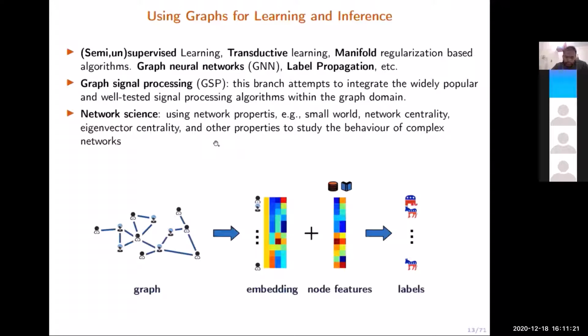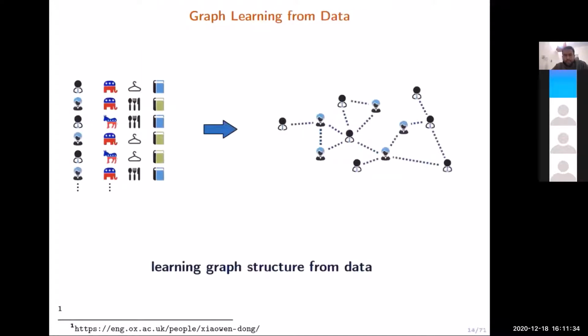In this area, the network is given and we want to use that network to perform some tasks like embedding, extracting node features and labels. Another domain of research is where we do not have a graph.